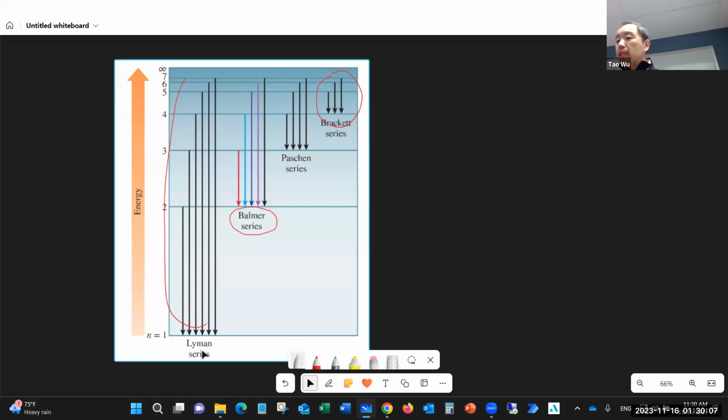For example, the Lyman series, energy from 2 to 1, 3 to 1, 4 to 1, 5, 6, 7 to 1, has too high an energy, so we cannot catch it. What is released is UV light. And for the transitions where the energy released is too small, we still cannot catch it. Those fit into the infrared.